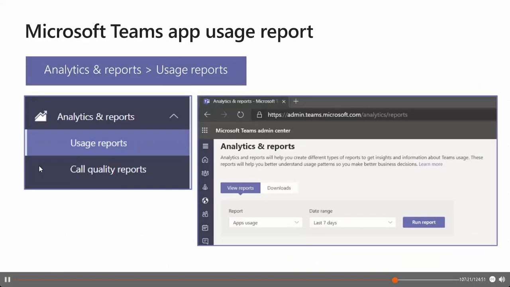Additionally, with the app usage report, you will see on the left navigation of the admin center all the usage reports of the applications over the last days and different time ranges you can use, specifically to address the values you want to know about the usage of the different applications in your environment.